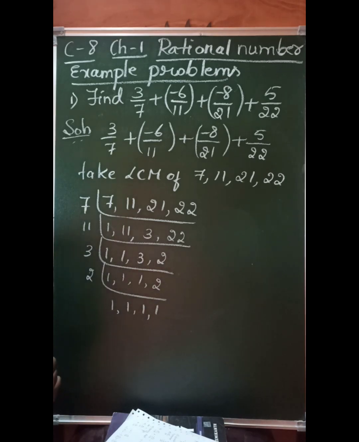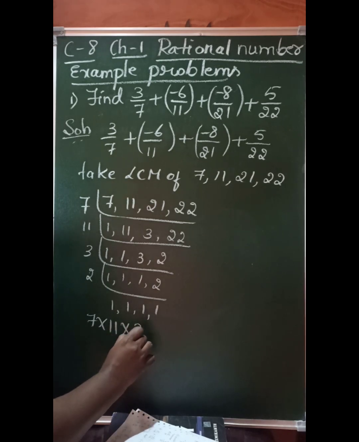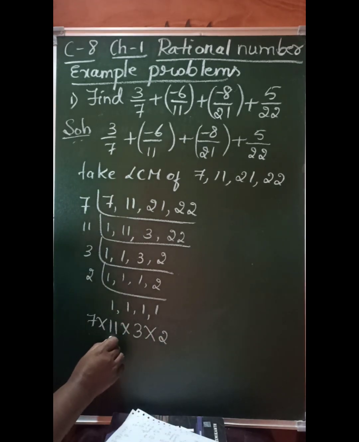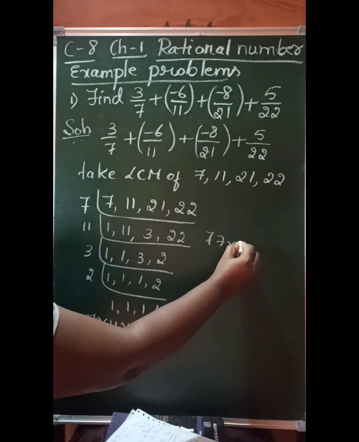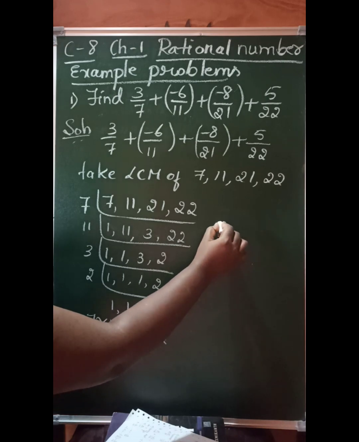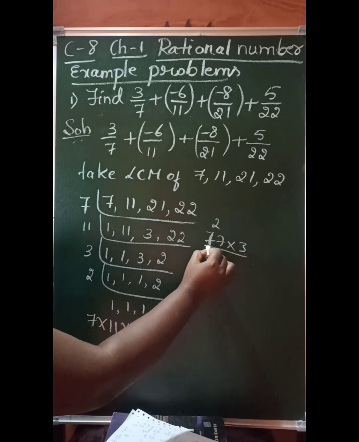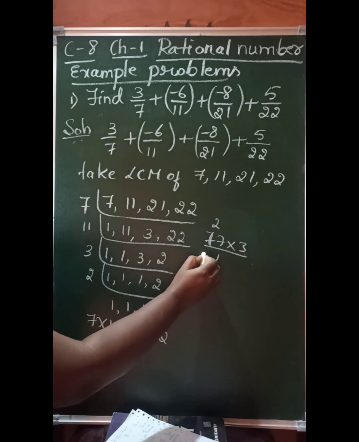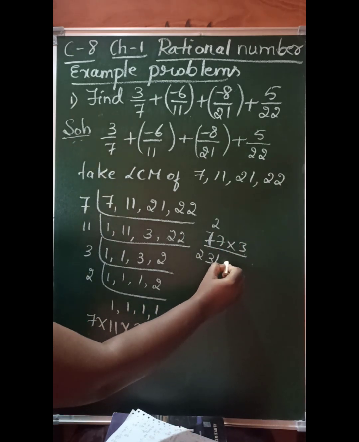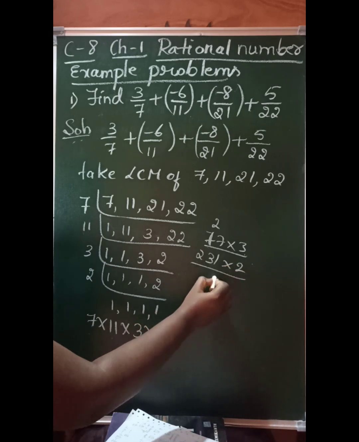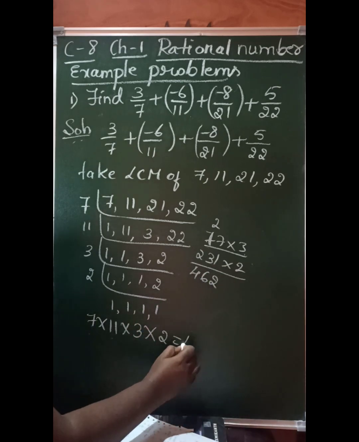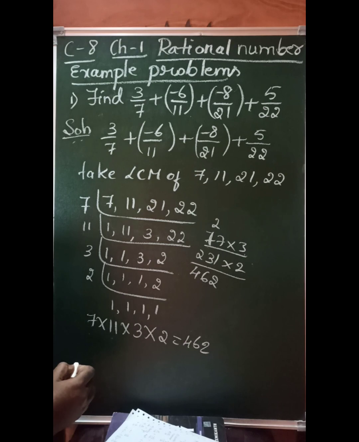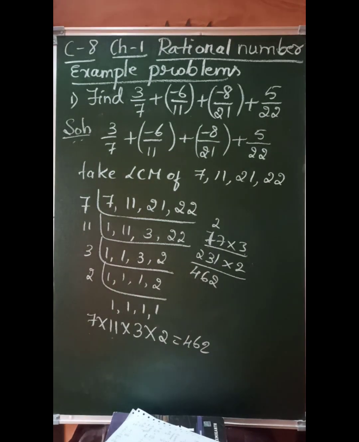So the LCM is 7 into 11 into 3 into 2. 11 sevens are 77, 77 into 3 is 231, and multiplying by 2 gives 462. So 462 is the LCM of 7, 11, 21 and 22.